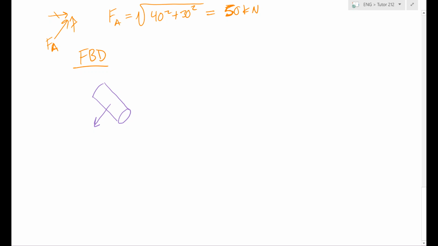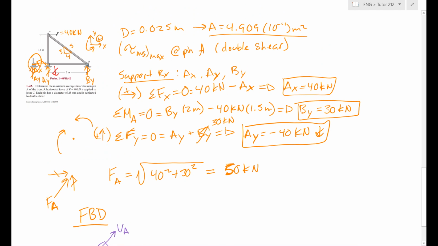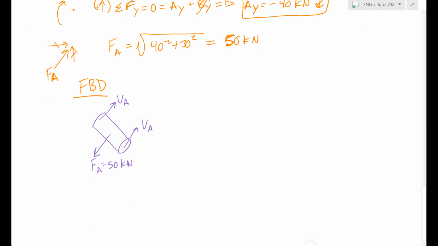We could come up with a coordinate system, but we know that the shear forces are equal but opposite, and it does say double shear. So we have it going on both sides. You can see by the way it's shaped right here. But it's nice of them to tell us. So then we get that this shear force is equal to half of F of A, so 25 kilonewtons.